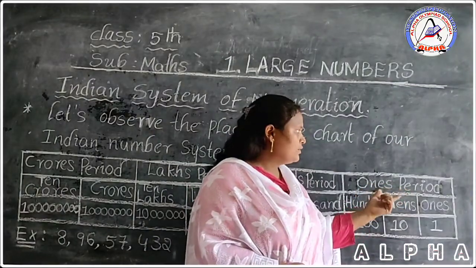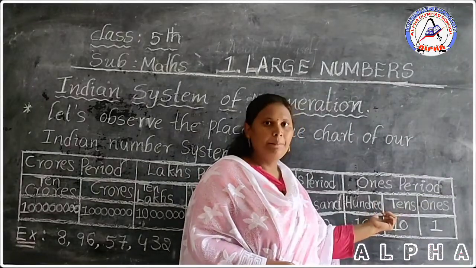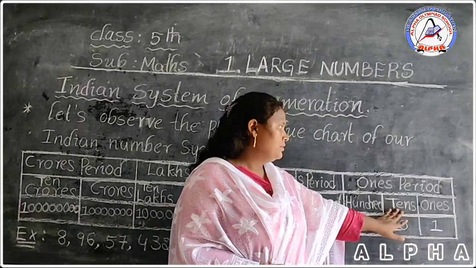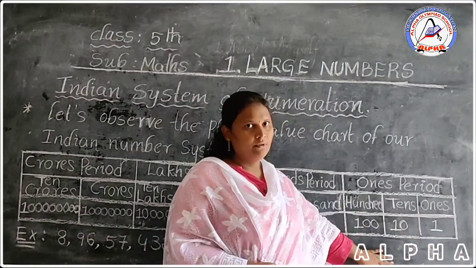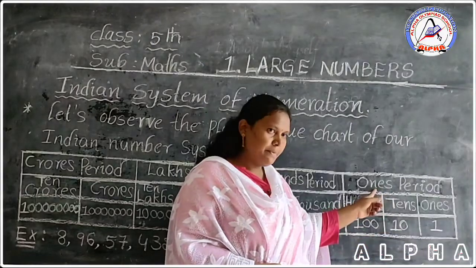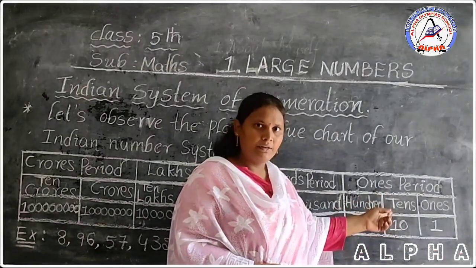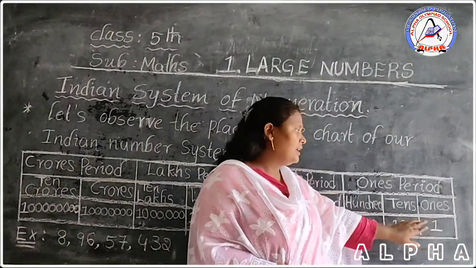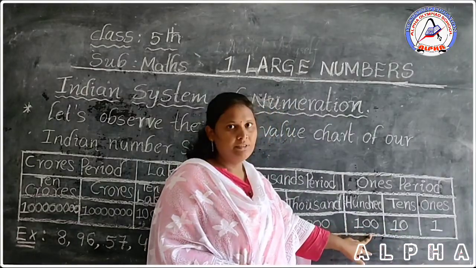In this ones period we have 3 place values. In our ones period, the place values are divided into 3 parts: the first one is ones place, the second one is tens place, and the third one is hundreds place.